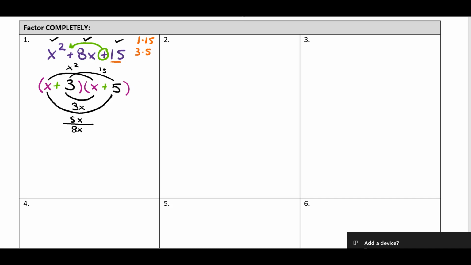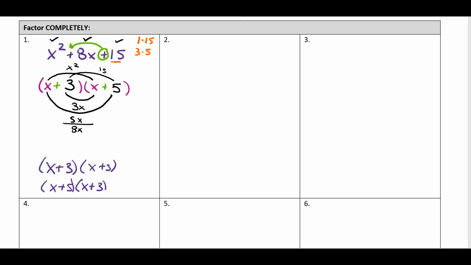So this I know is factored correctly. So now all I have to do is write my answer. x plus 3 times x plus 5. Or you could have written it as x plus 5 times x plus 3. The order does not matter for factoring, as long as you have both factors written down correctly.